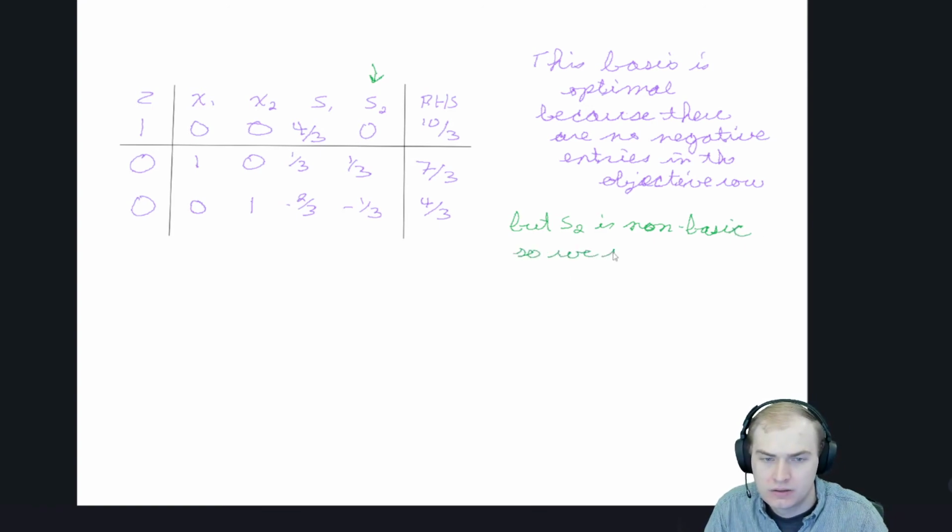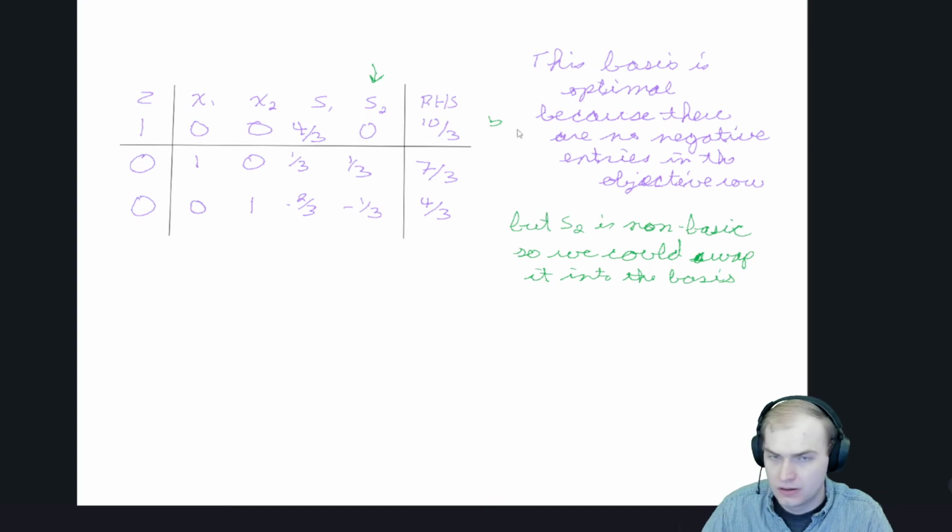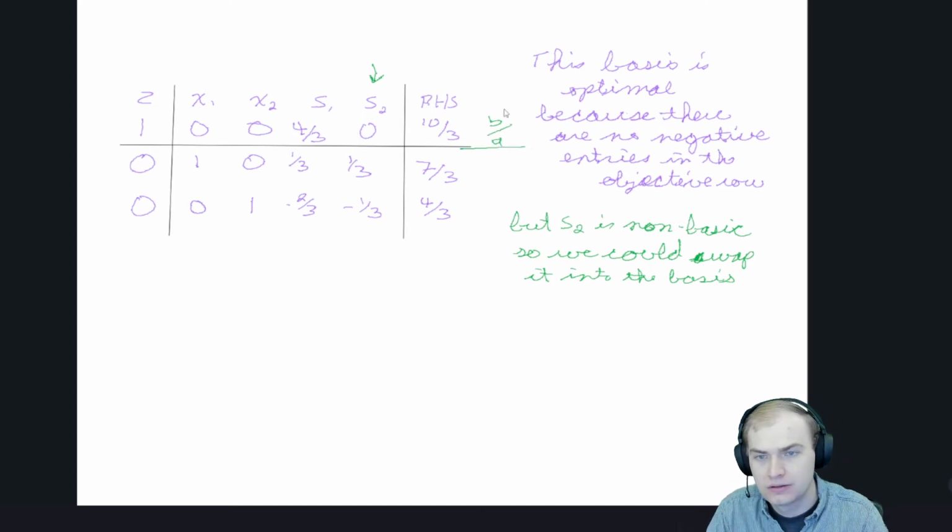So we could, I'm not saying you necessarily want to do this, swap it into the basis. Well, so let's do that. Our b over a is 7 and negative 4. We're going to ignore the negative 1. We're going to pick 7, so we're pivoting on this entry.